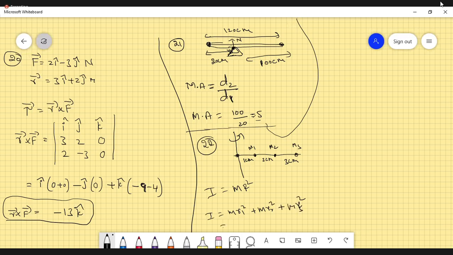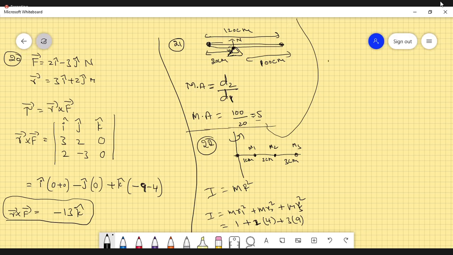So substitute the values: 1 gram into 1 centimeter square, so 1, plus 2 into 2 square, that is 2 into 4, plus 3 into 3 square, that is 9. How much is it?